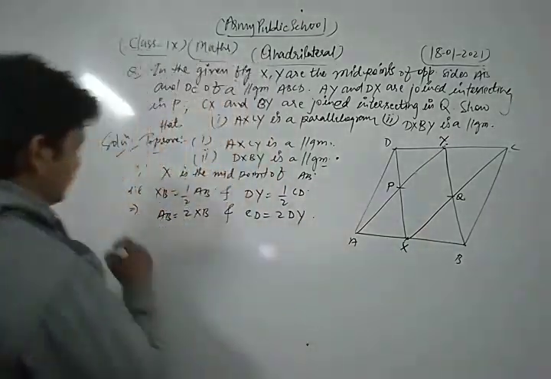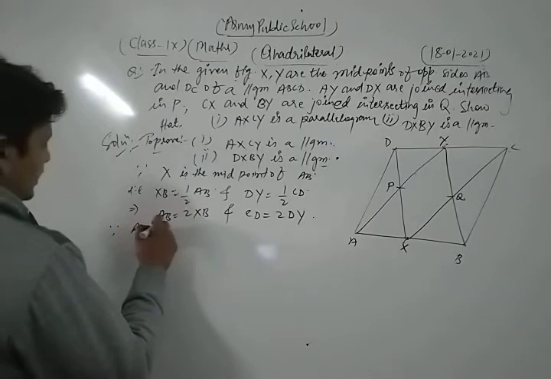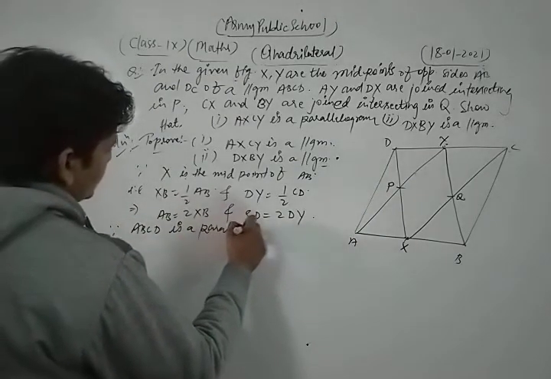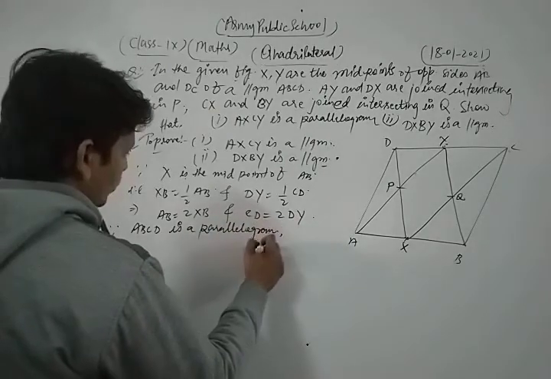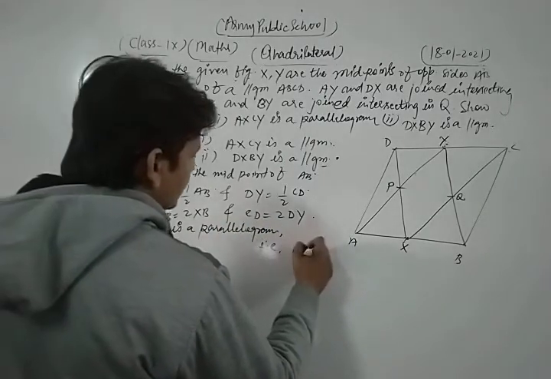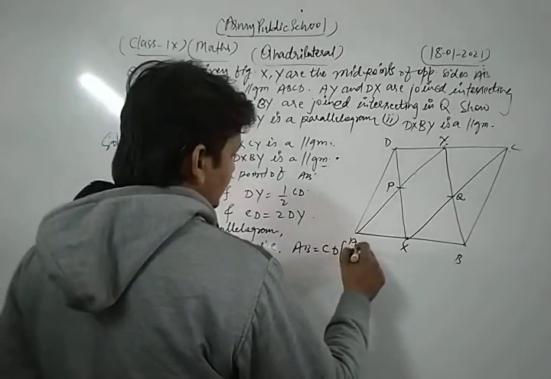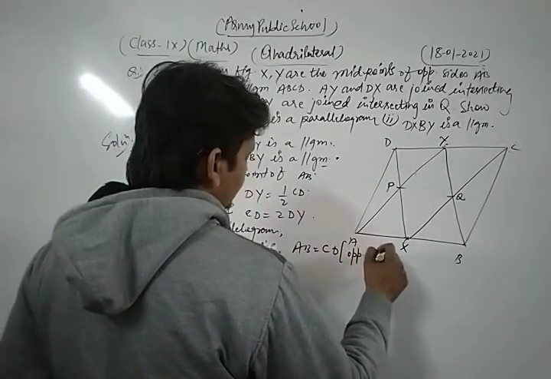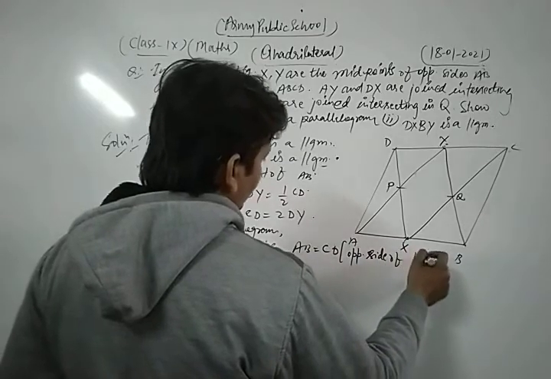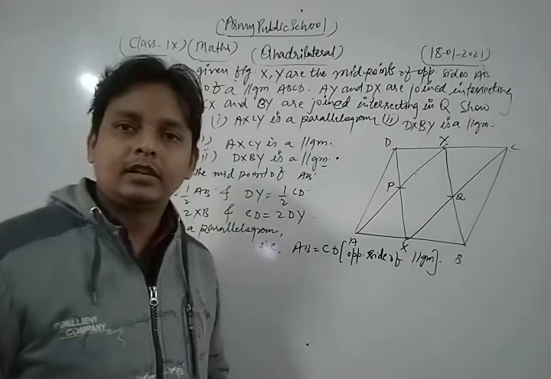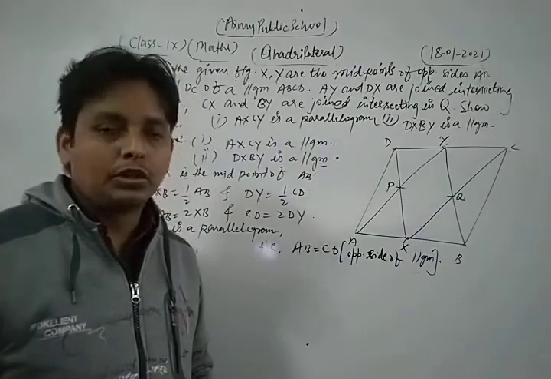Since ABCD is a parallelogram, AB is equal to CD. This is the opposite side of the parallelogram, and you know that the opposite sides of a parallelogram are equal to each other.